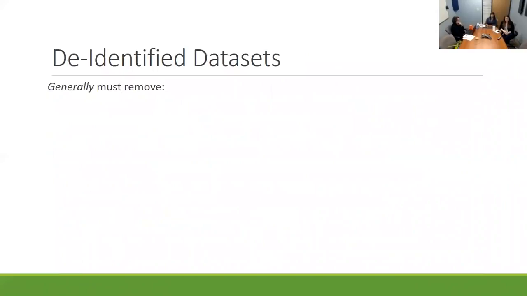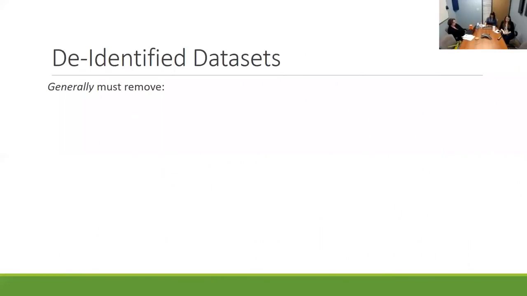But just in general, you'll have a data set with protected health information. You can de-identify that data set. You can take a data set that has protected health information and make it so that it is no longer going to identify people.